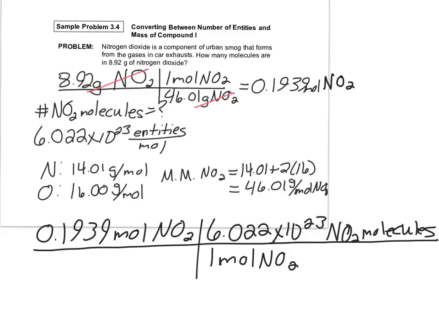All right, let's check our units. I've got moles divided by moles. Those are going to equal 1 and cancel out. So this is going to equal, let's see, Avogadro's number.